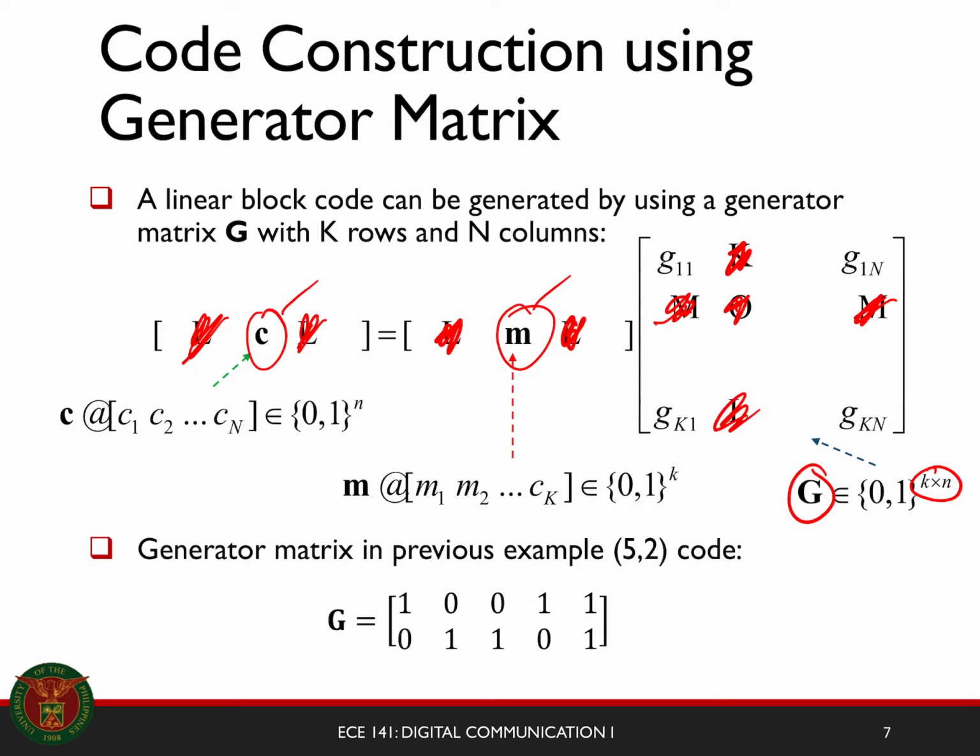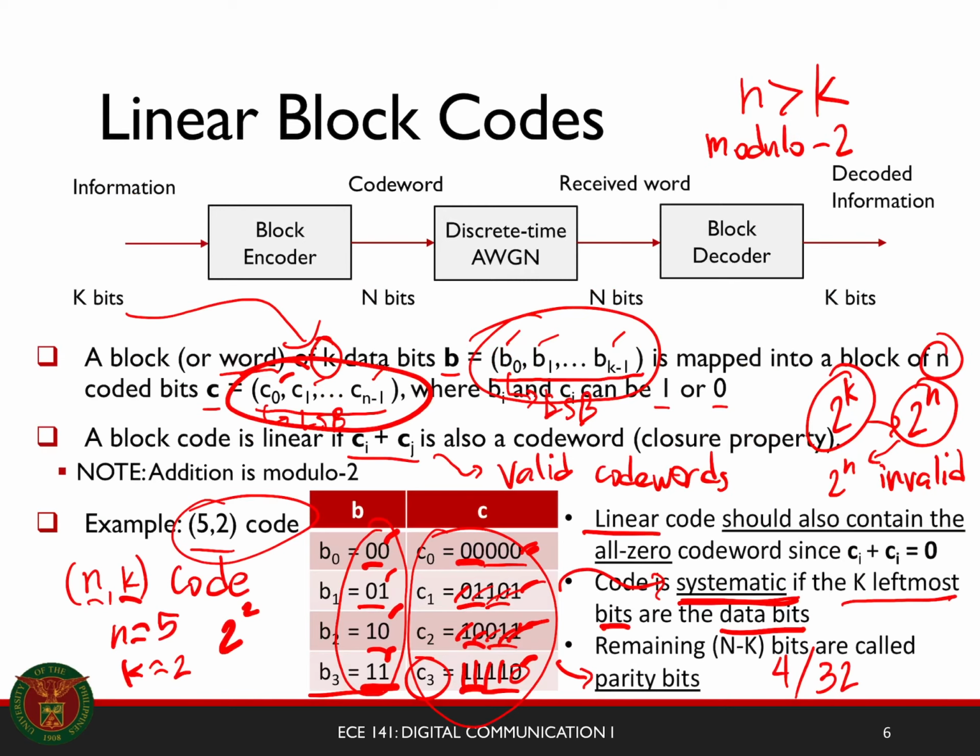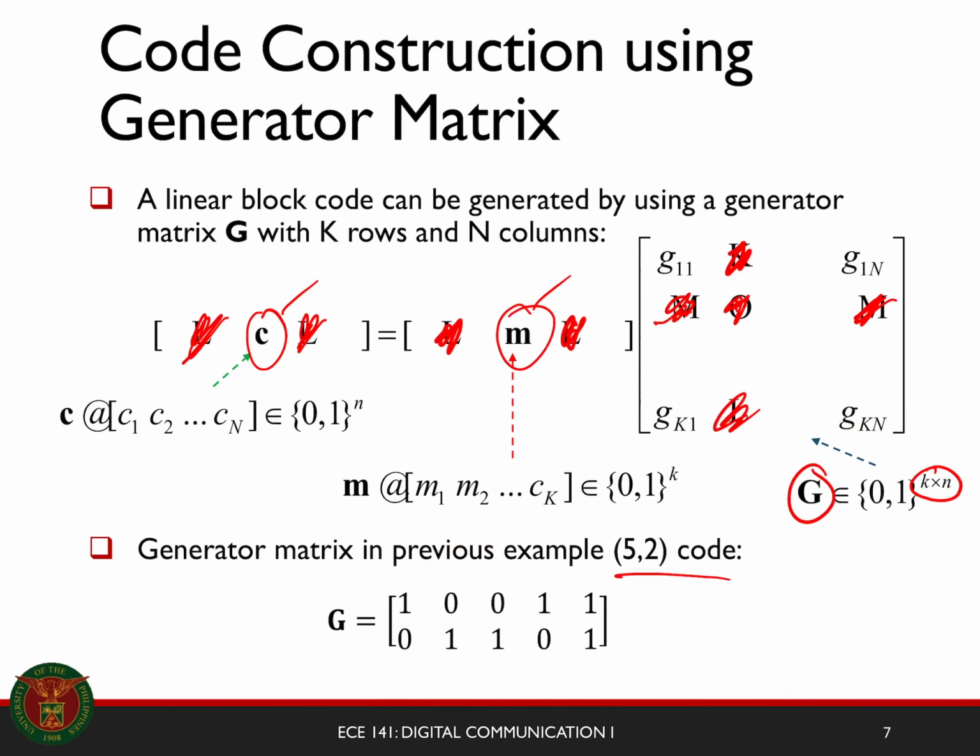Coding is just mapping your message to your code word. In your previous example, your 5-2 code has this generator matrix. To verify that, let's take a message word, 10. If we multiply 10 by the generator matrix, we should get C2.